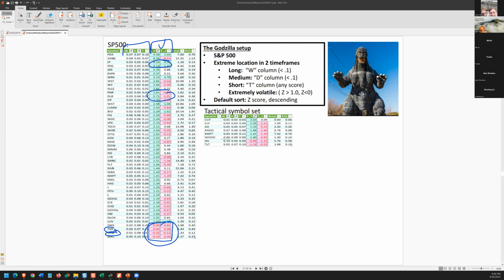In the tactical symbol set, you've got mostly the green-reds, like Cliff, Alcoa, Marijuana, Microsoft, Wood. But now Squarespace and Treasuries are Godzillas, but which are quiet. So very interesting conditions here as individual targets are shaken out.